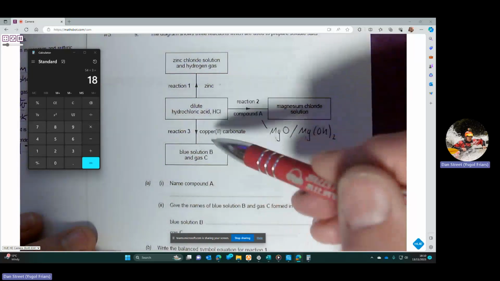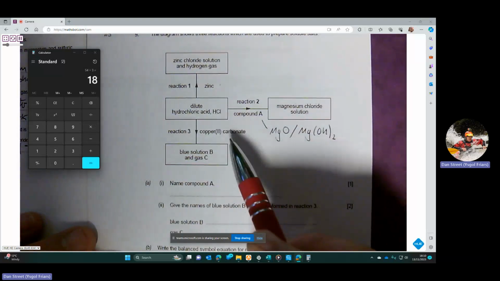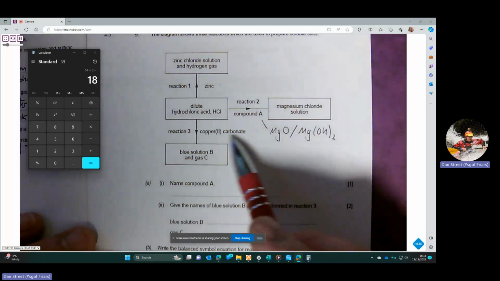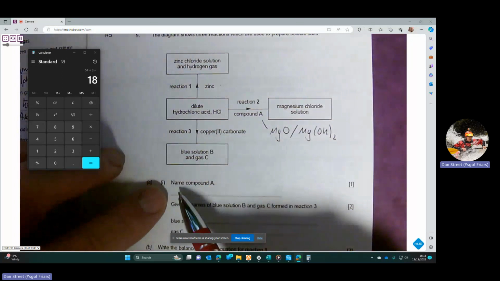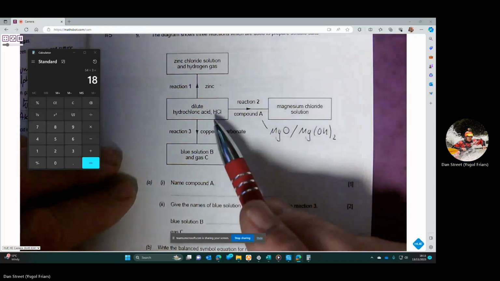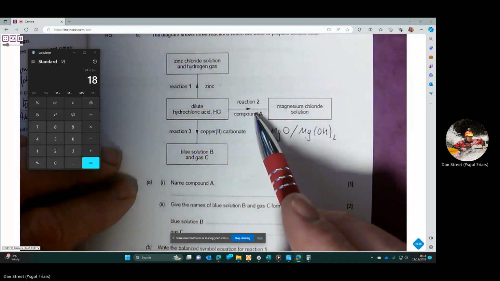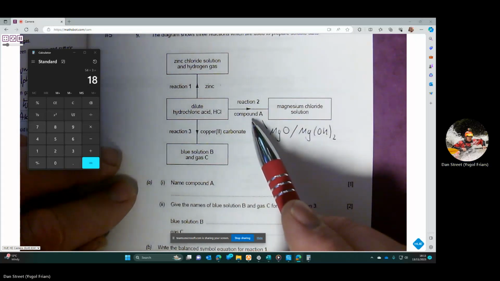And then the third reaction, we've got copper carbonate, okay, so with copper carbonate, we know we're going to get a salt, and we know we're going to get carbon dioxide because of the carbonate. So again, that's something you need to remember, something you need to learn if you haven't done so. So name compound A, okay, so we'll just double check there's no other clues there.